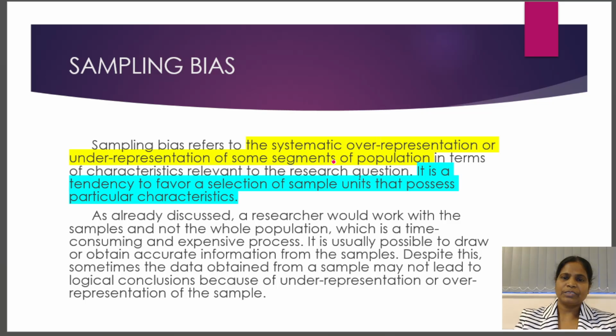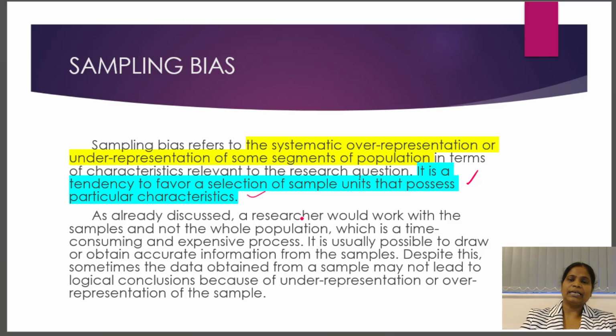So sometimes when we select that sample, there might be over representation or under representation. Another definition: it is a tendency to favor a selection of sample units that possess particular characteristics. Who will favor? The researcher will favor that. So this can lead to sampling bias.